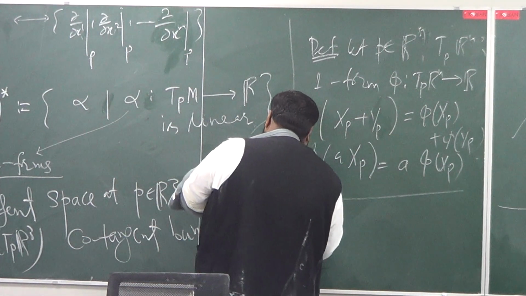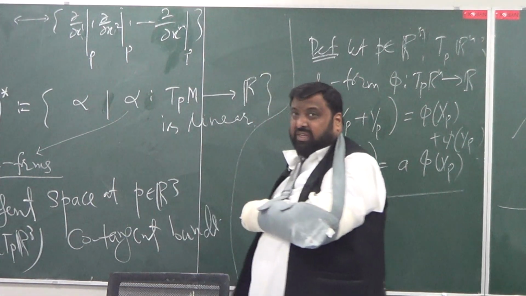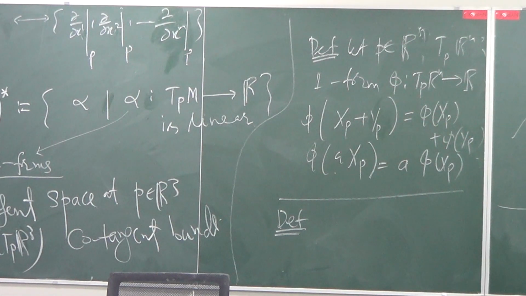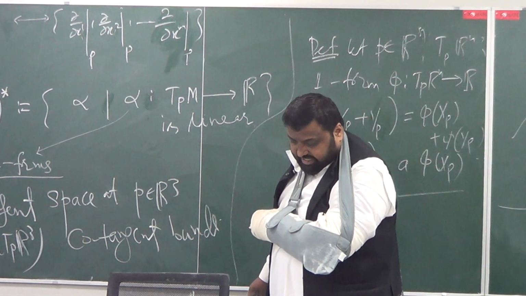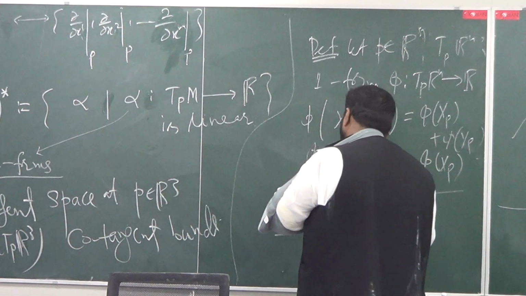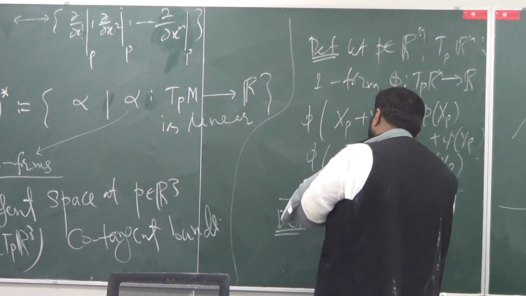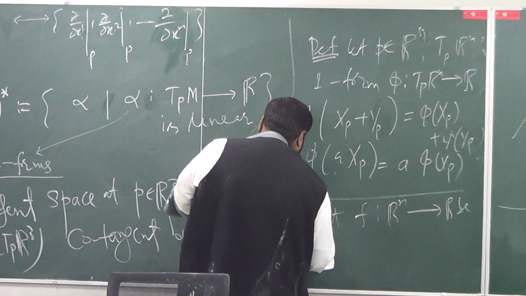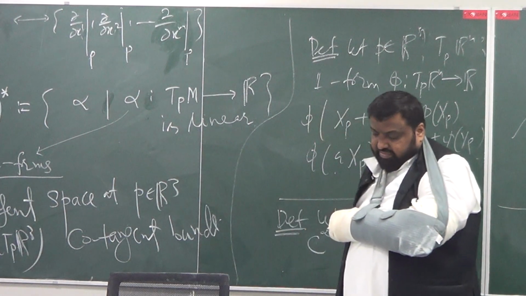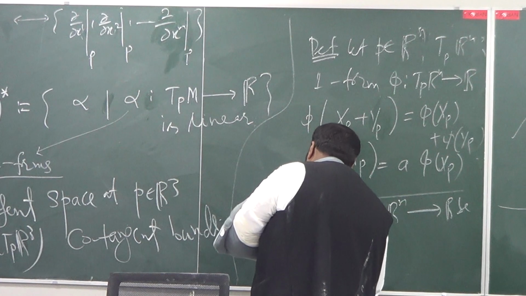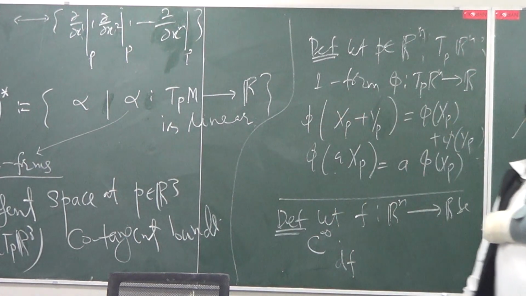So let me define next the differential. We define the differential of a scalar field. Let f from Rn to R be C infinity. Then we define the differential as an operator.